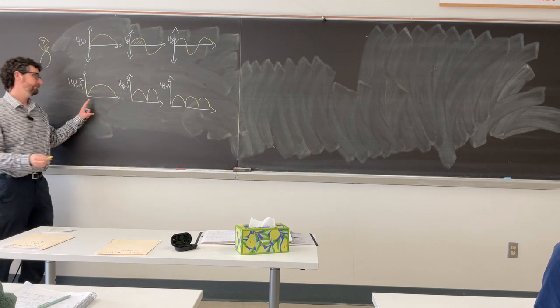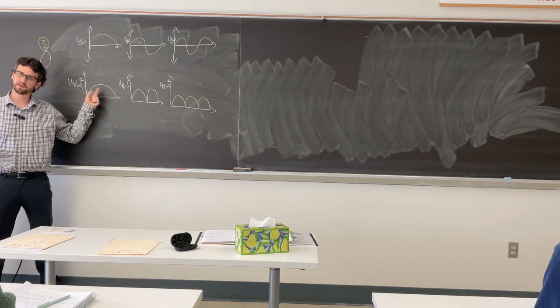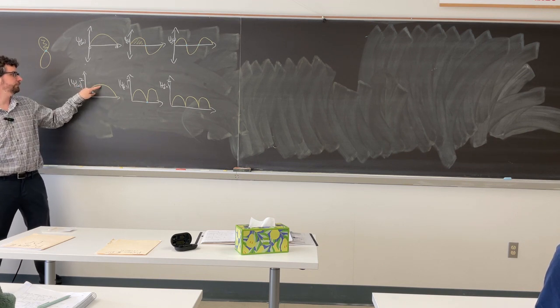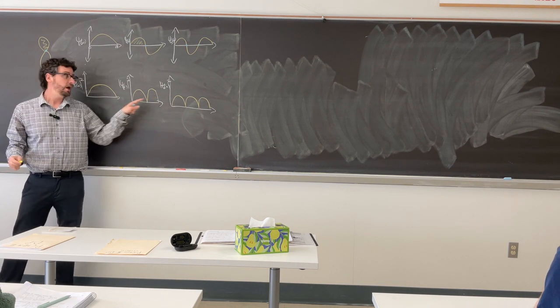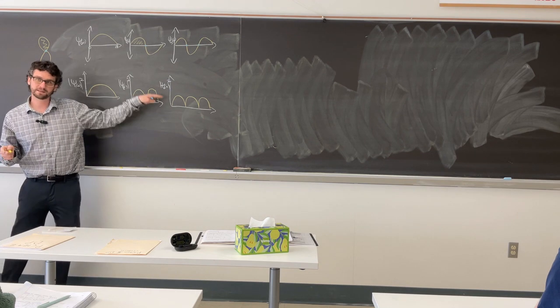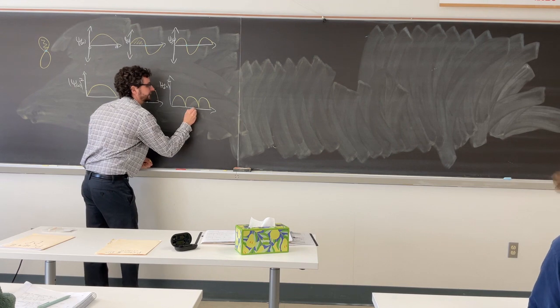Okay, I'm exaggerating this a little bit. What do you notice about the height of these humps here? No, they should not be the same. They're decreasing ever slightly. And then these points are our nodes.